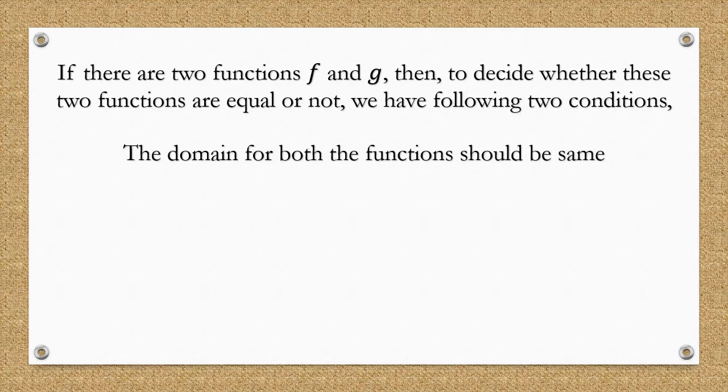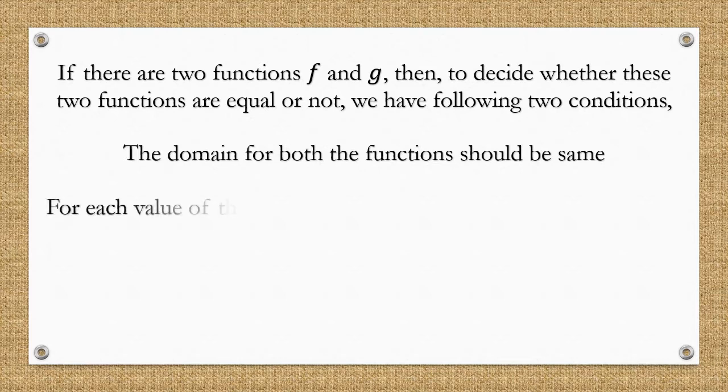When I say domain, it means that the values of the variable belong to a certain set, let's name it set A. Then for function f and for function g, that set A should be common. That means f should be a function from set A and g should also be a function from the same set A. That's the first condition.